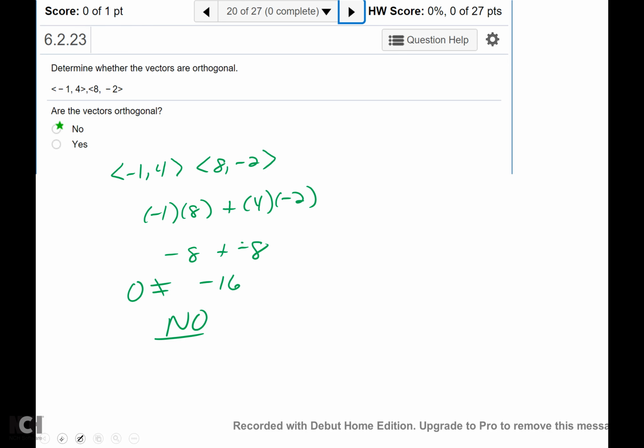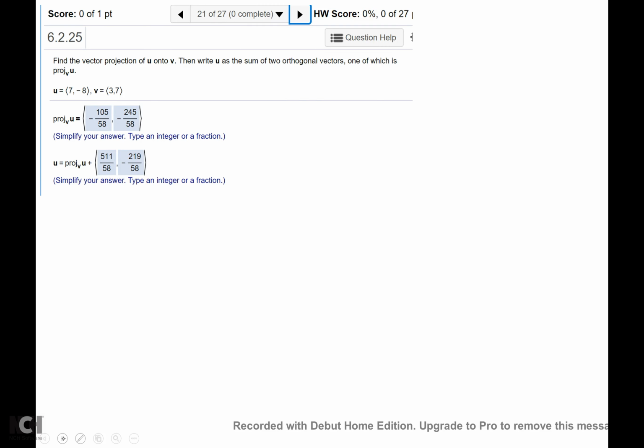Alright, so next one's an example, 21. It says, find the vector projection of u onto v, then write u as the sum of two orthogonal vectors, one of which is the projection of u onto v. So, if I start off by saying, to project u onto v, we have this formula.